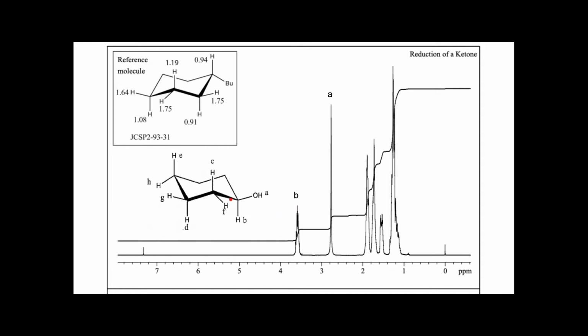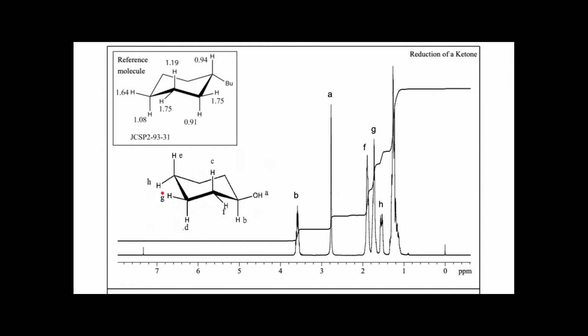Now what's left are the equatorial and the axial hydrogens. Remember that the equatorial ones are more deshielded, and so from the order of being closest to the oxygen to being further away, we're going to start labeling these peaks. So first HF, and then HG, and then HH.